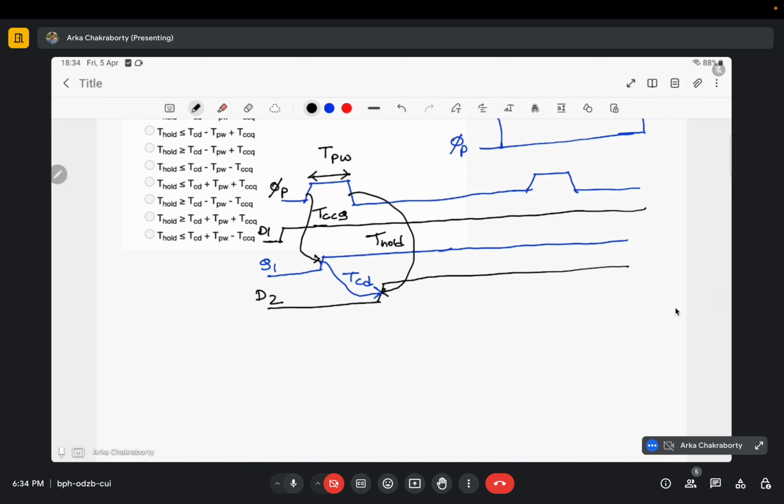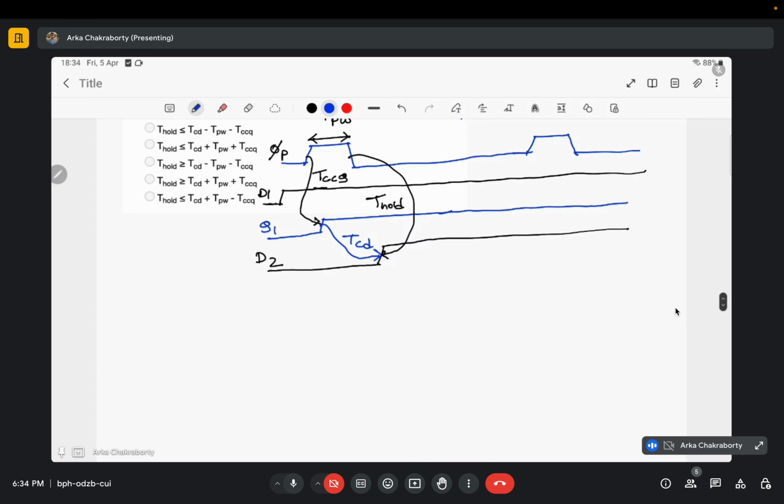Correct? So for minimum delay condition, what would be the condition?